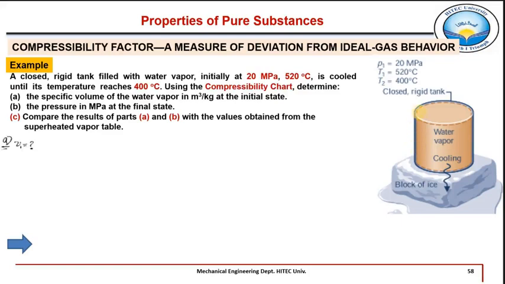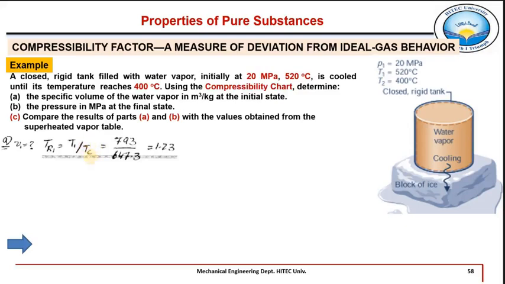Okay, so part A is to find the specific volume of the water vapor at the initial state, V1, corresponding to P1 and T1. So now we have to use the compressibility chart. It means PV is equal to ZRT. To find Z, first we need to find TR at the initial state, so TR1 is T1 divided by T critical.